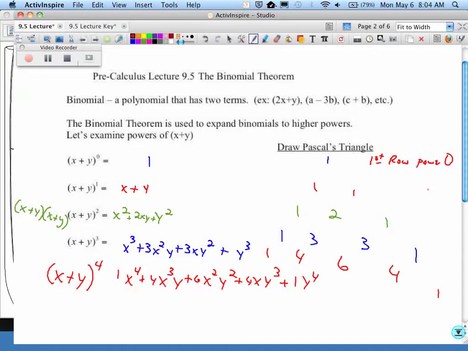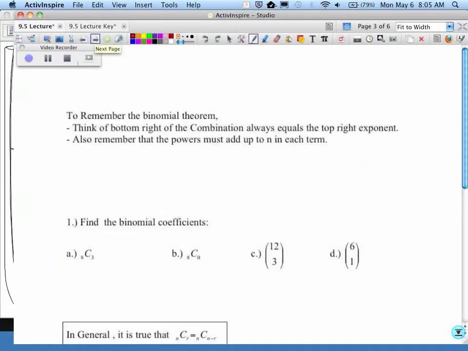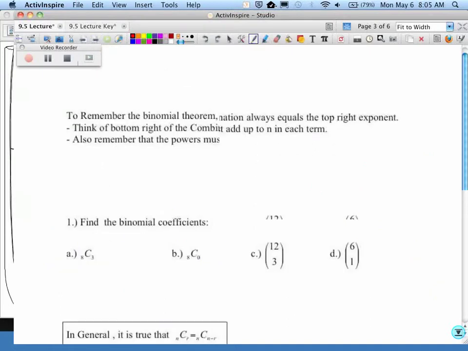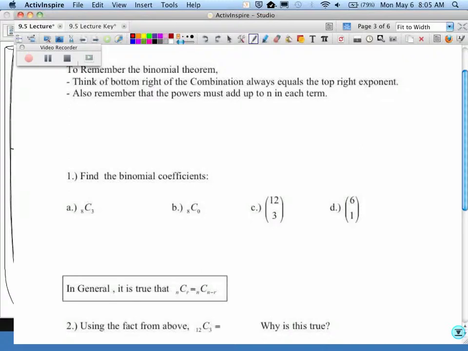The 14th row, right? So whatever this power is, we always have one more term in the expansion. Put a little asterisk by this. I will ask you to refer back to that. That is kind of some checkpoints as you do on these problems.